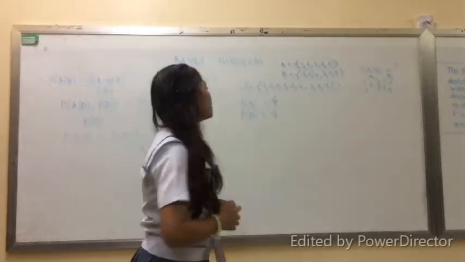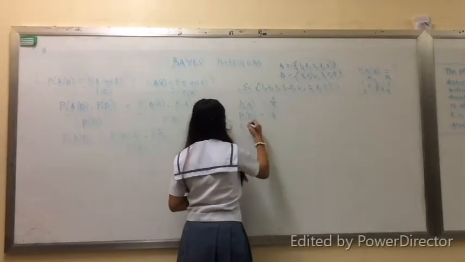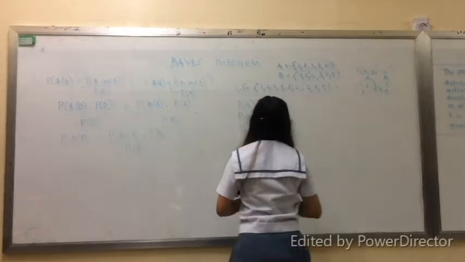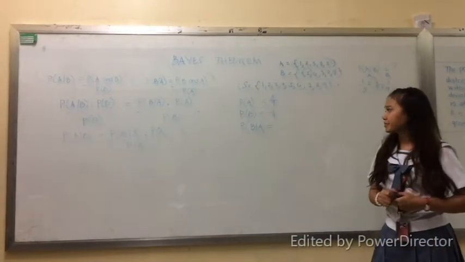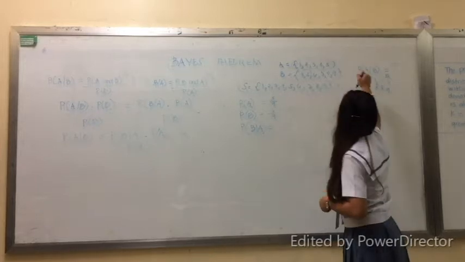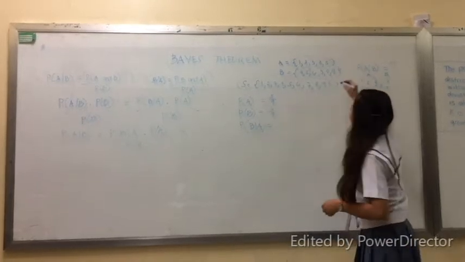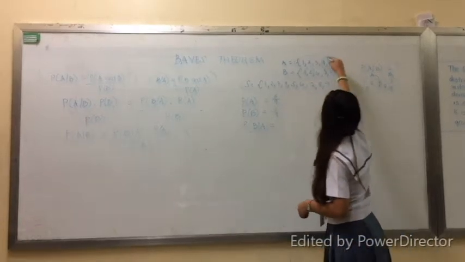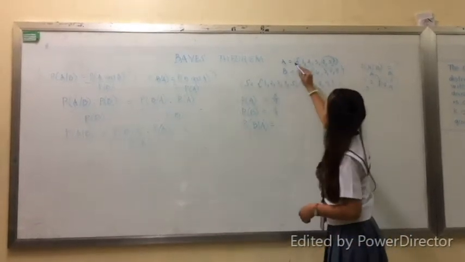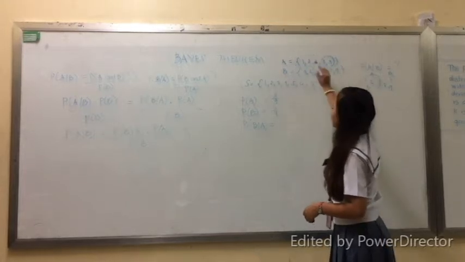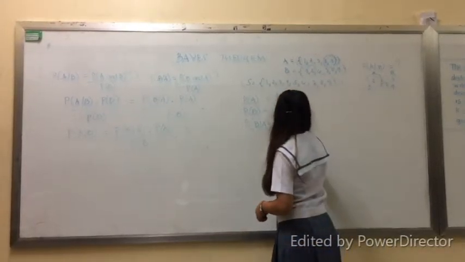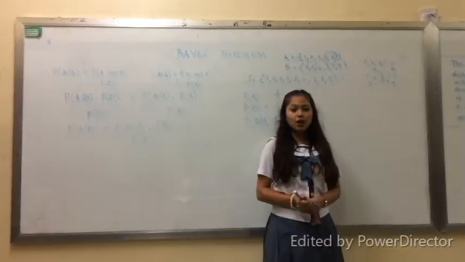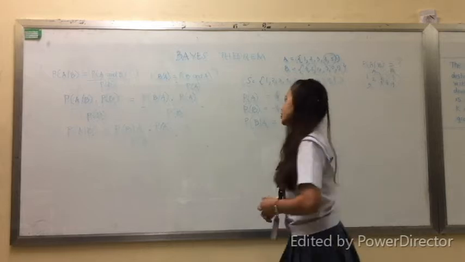Next, we will be looking for the probability of B given A. So we can take a look at this. 4 and 5: given that 4 and 5 occurred twice in the set A out of 5 data, it will be equal to 2 out of 5. Now we will substitute it into that equation.